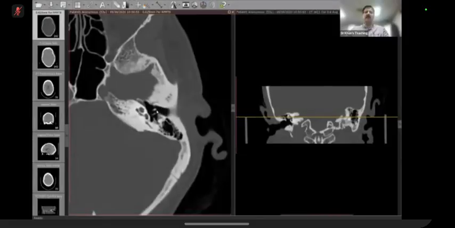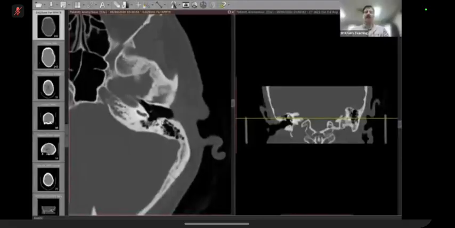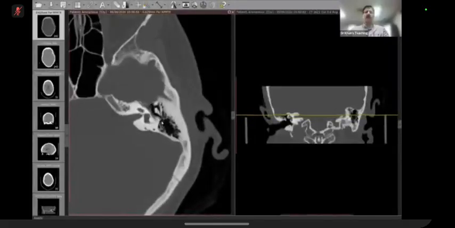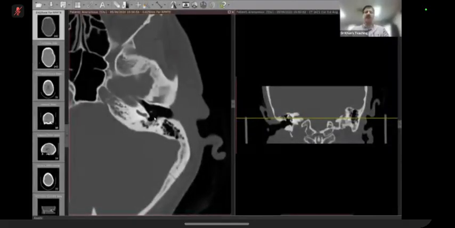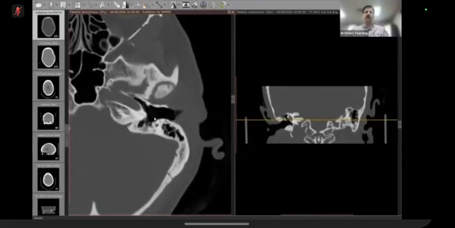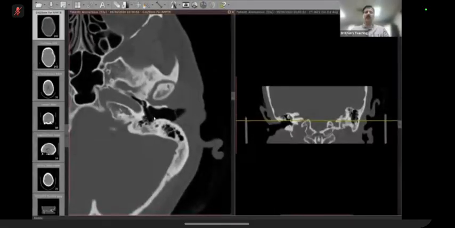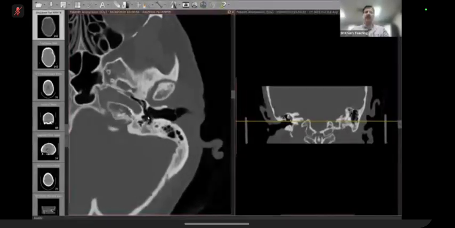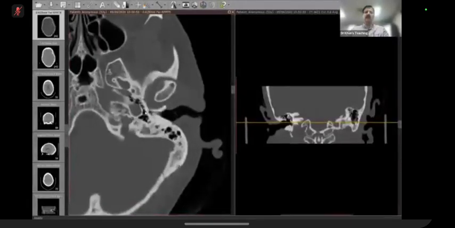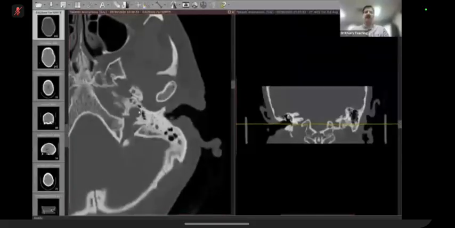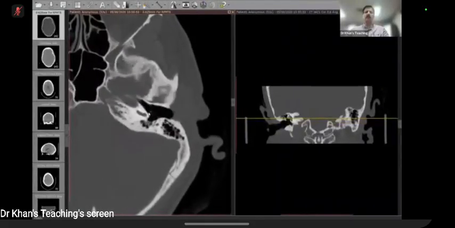And you can see the tympanic membrane here. You can see the external auditory canal. And as I go further inferiorly, I am going to go into other structures. And here, one area of interest is inferiorly. This is the jugular foramen.